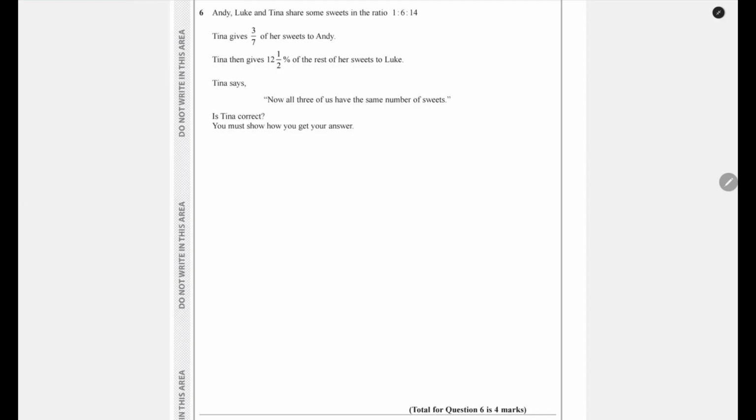Well, as we're dealing with ratios, the total number is going to be 1 plus 6 plus 14, and that gives us 21. So we know that Andy has 1/21 sweets, Luke has 6/21 sweets, and Tina has 14/21 sweets. Now, we know that Tina gives Andy 3/7 of her sweets.